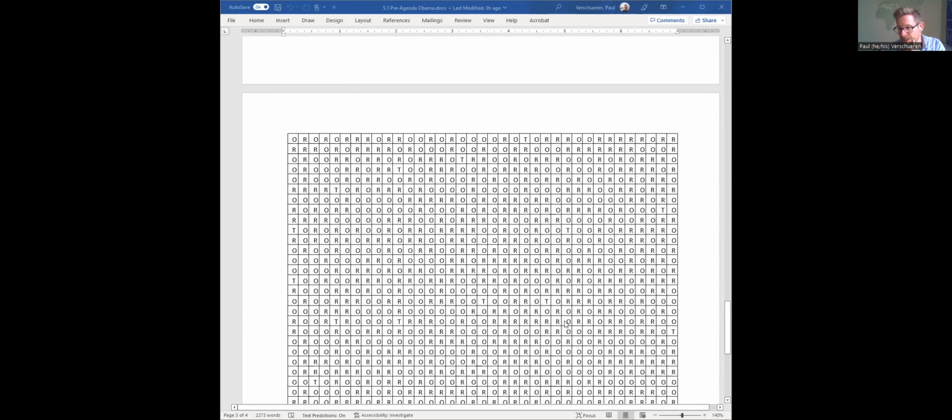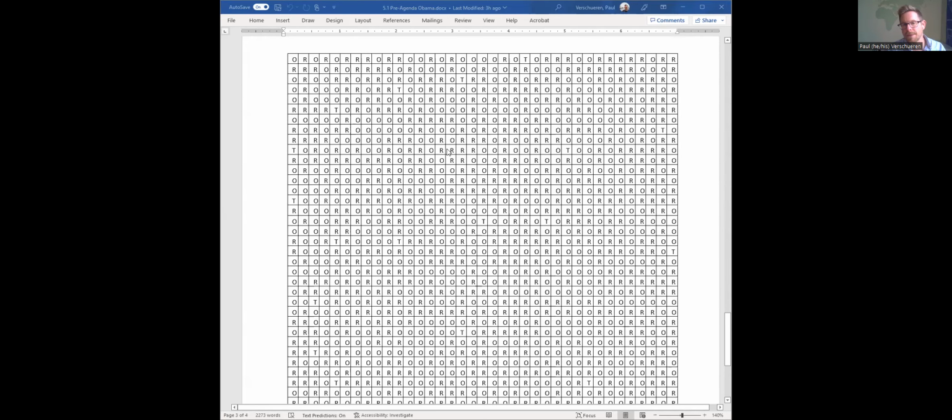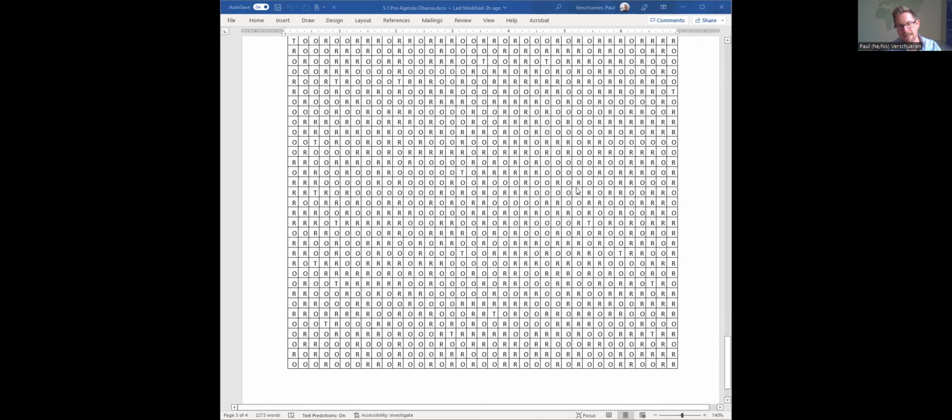I didn't tell students until after they had done this, but this table perfectly matches the results of the 2012 presidential election in which Barack Obama received 50.6% of the popular vote. So in this table, of course, you can't see 50.6% of the letters are O's to represent a vote for Barack Obama.